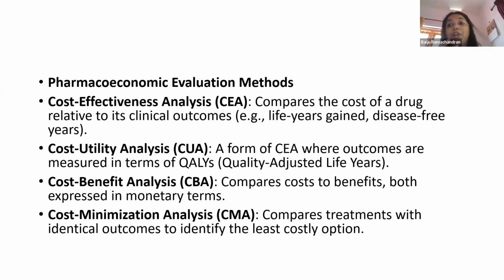Many people in that condition think about how to live normally, and they think 6 years is fine if they can live it in full health. So here they are adjusting life years with quality. That is known as quality adjusted life years. Mostly for cancer treatment, this kind of CUA question is asked.